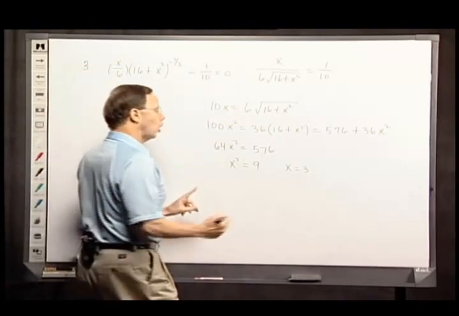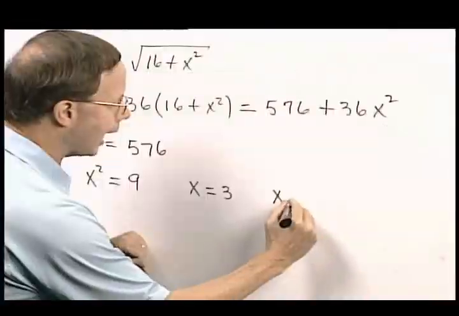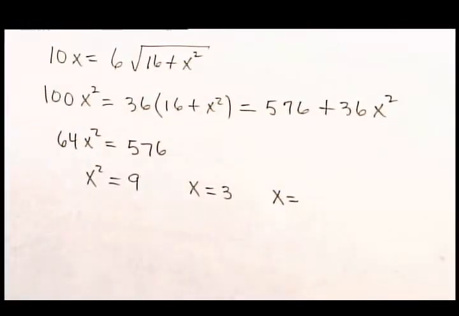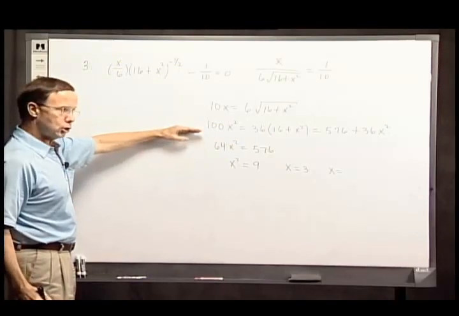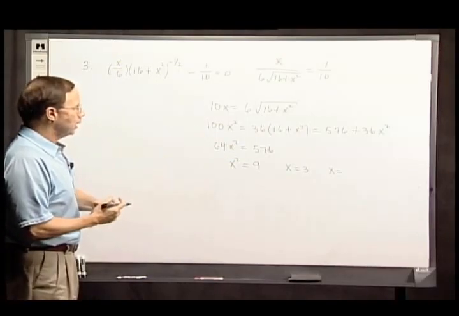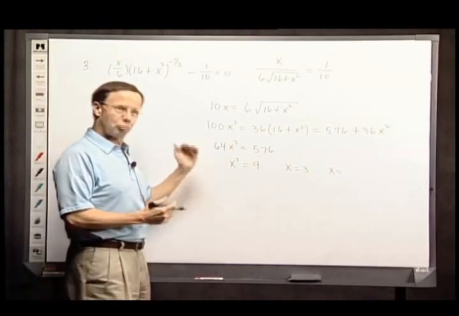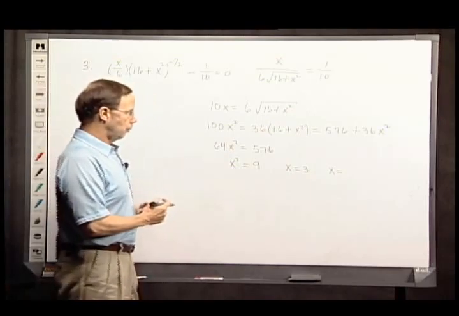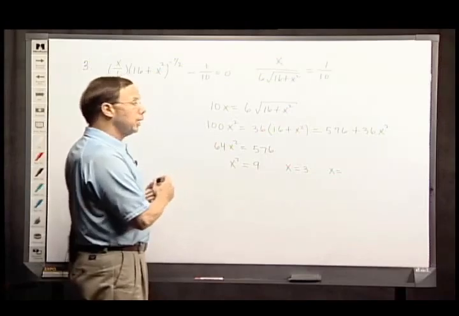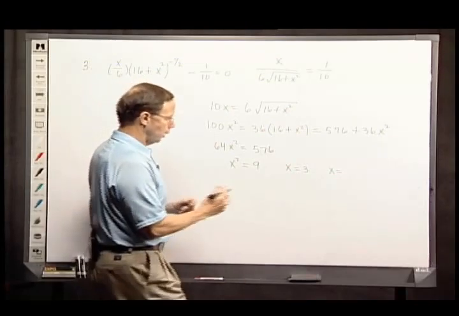The other answer, though, you've got to be careful with these guys. You've probably seen this before, but when squaring both sides of an equation is part of your solution, you sometimes end up with what are called extraneous solutions because you've changed the very nature of the equation that you're solving.